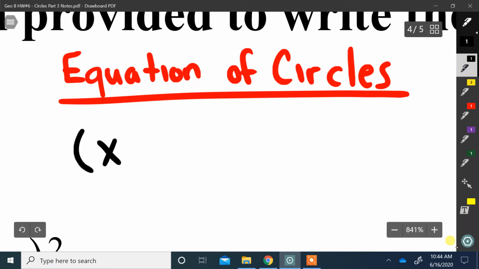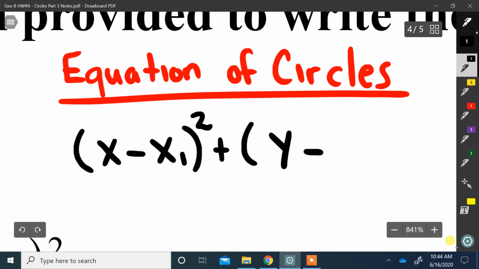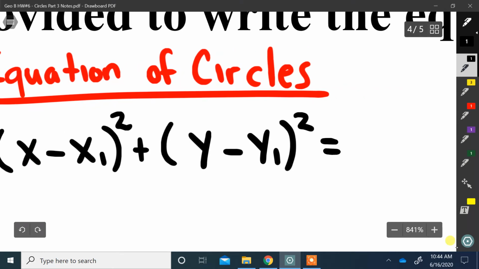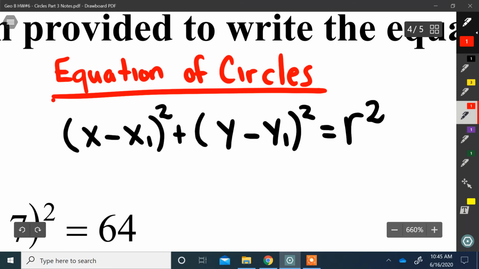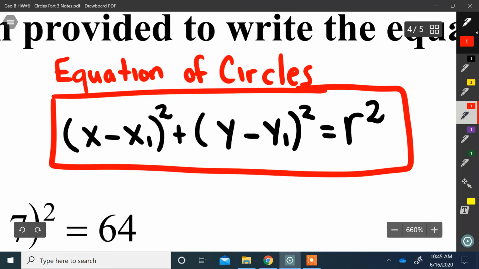It has a parenthesis x minus x1, squared, plus y minus y1, squared, is equal to r squared. Hopefully you remember this formula from algebra and middle school. You should have seen this before. And if you haven't, well, here it is. That is the formula of a circle.